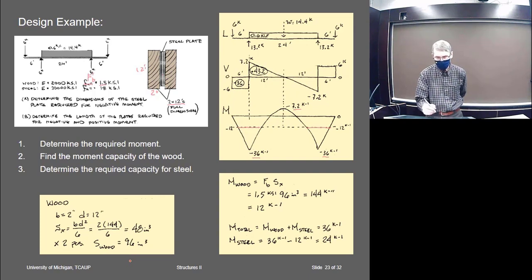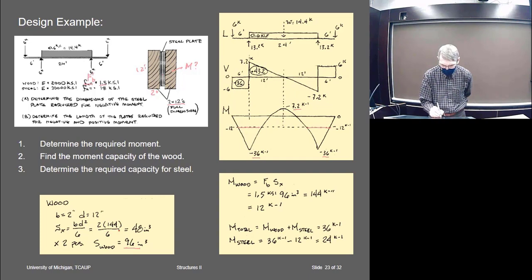Okay, so we could find what the moment capacity for this wood is. We'd like to know what the moment capacity is. So first, we can probably just look up the section modulus, but since there are weird dimensions here, I calculated the section modulus.